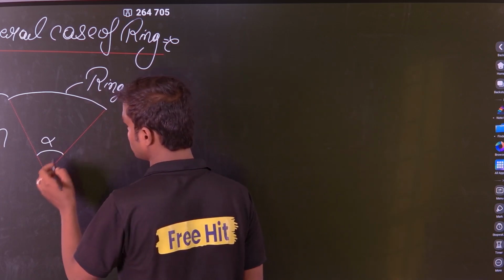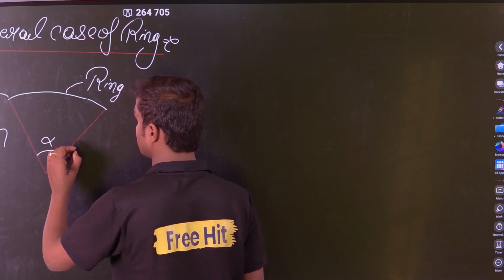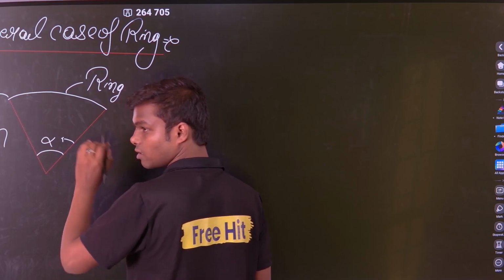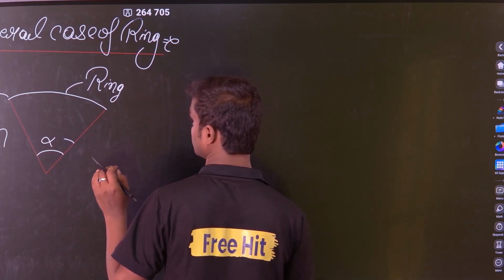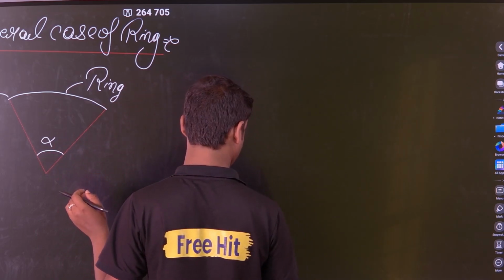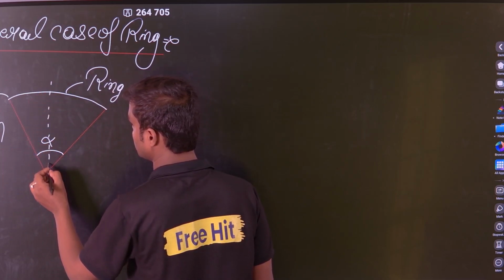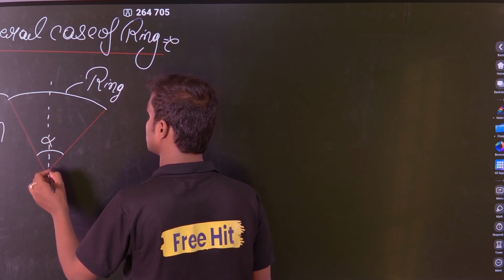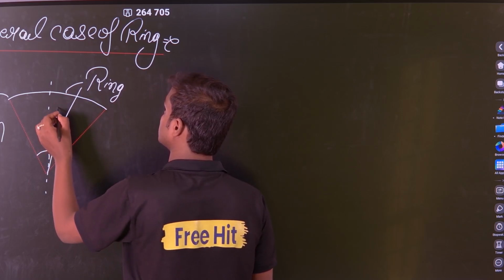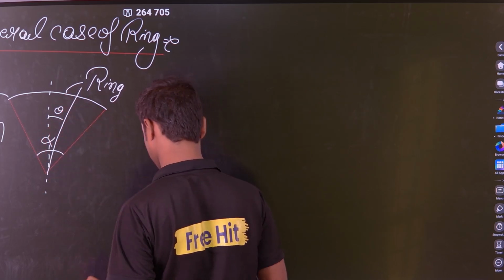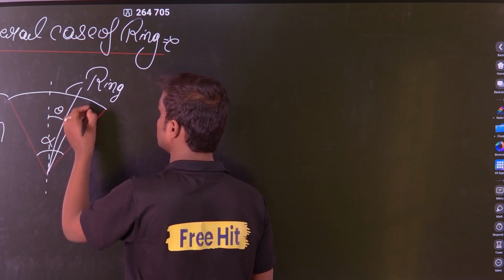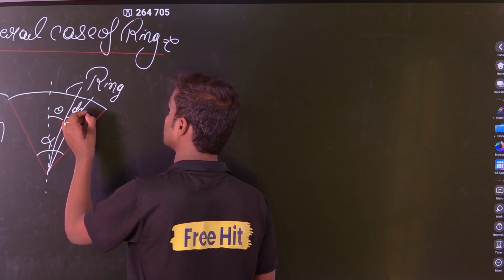So what is the approach? We have to go from theta at angle. From the center, suppose this is my center, we go an angle theta and we take a small element, that is d theta. Clear?